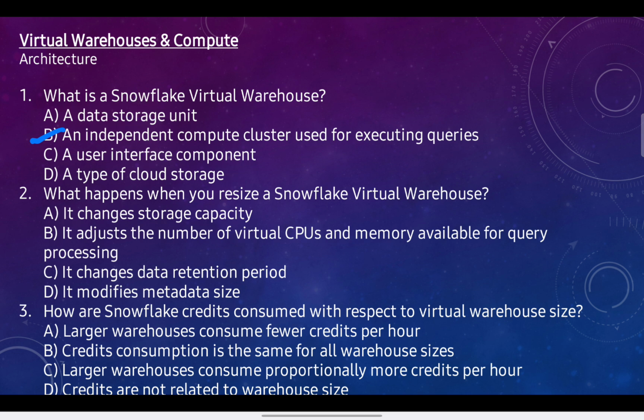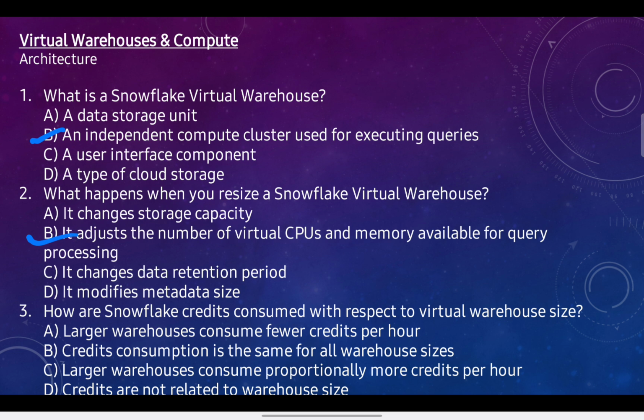So what happens when you resize a Snowflake virtual warehouse? It does not change the storage capacity, as storage is in the AWS or GCP platform. It adjusts the number of virtual CPUs and memory available for query processing. It doesn't change the data retention period or modify metadata.